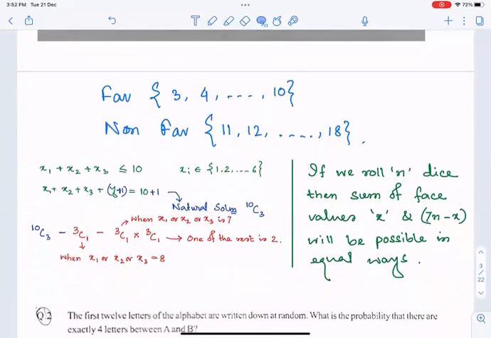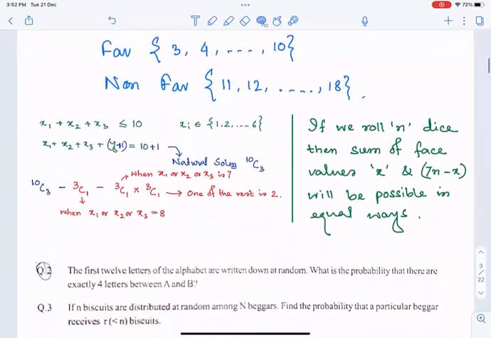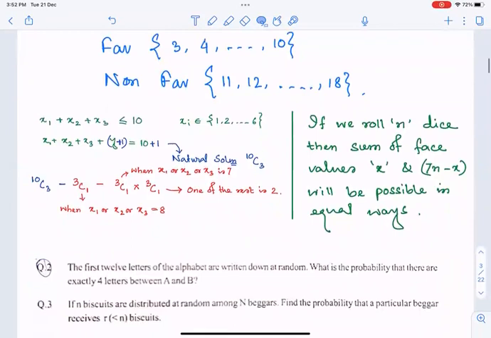So next question is, or better to say, next two questions. The first 12 letters of the alphabet are written down at random. What is the probability that there are exactly 4 letters between A and B? That is the first question.